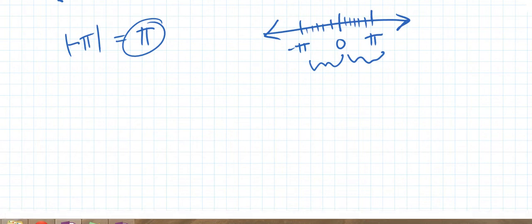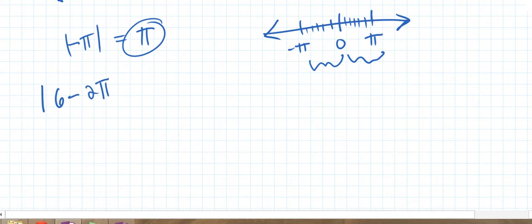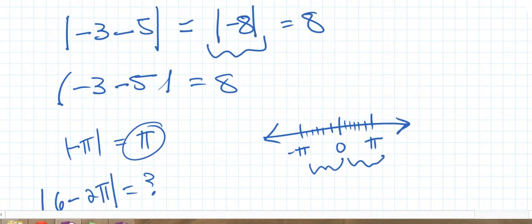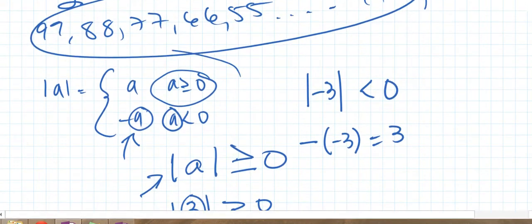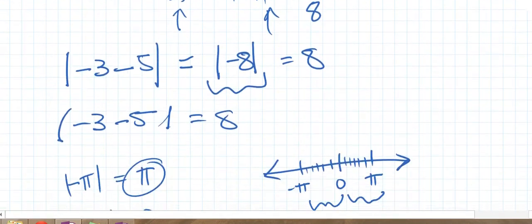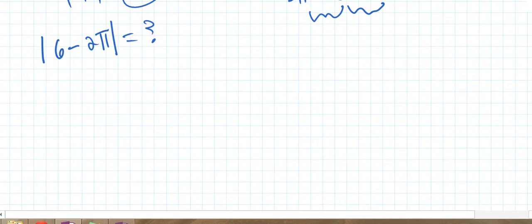Now, let's take that concept a little bit further. If you had 6 minus 2 pi, what would be the answer? What would be the absolute value of 6 minus 2 pi? Well, if we go back to where we defined absolute value, let's redefine it.